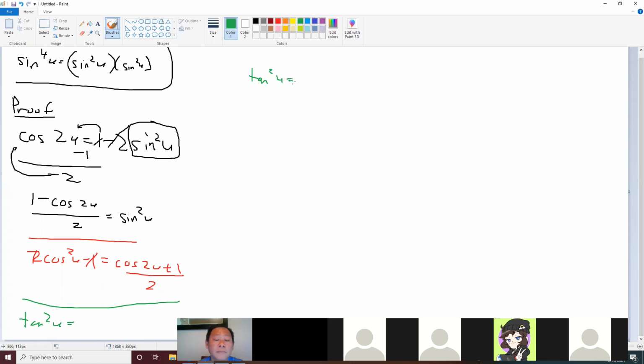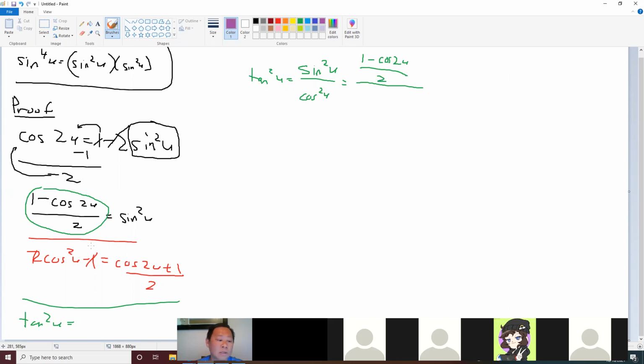Quotient identity. Sine over cosine. So it's sine square u over cosine square u. Okay, and the sine square u came from this. So I just take this whole thing, plug it over here. So it'll be 1 minus cosine 2u over 2.